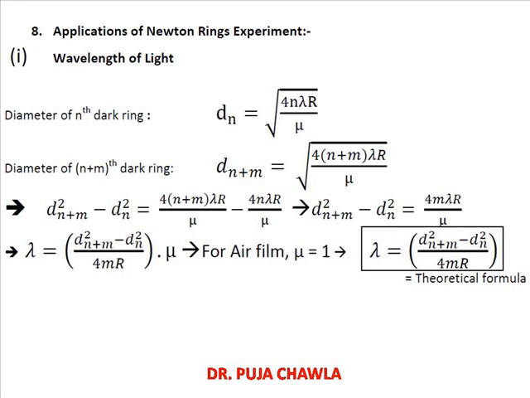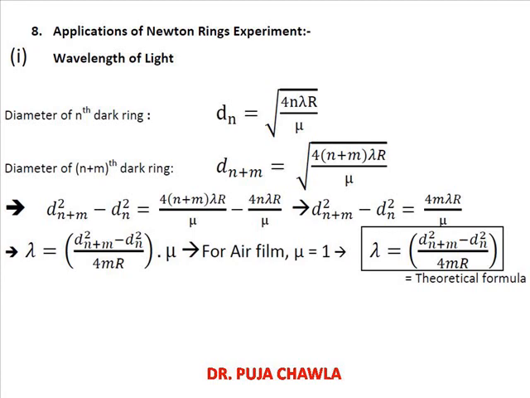First application is the wavelength of light. My aim is to find out the wavelength of light using the Newton ring experiment. Clear? First I will determine the theoretical formula for lambda. What was the formula for the diameter of the nth dark ring? The formula was dn equals under root of 4n lambda R by mu.